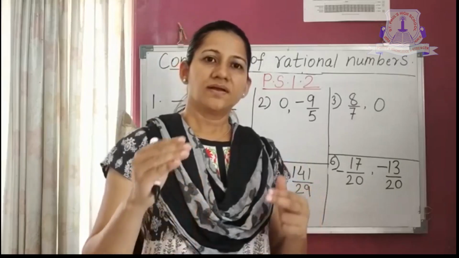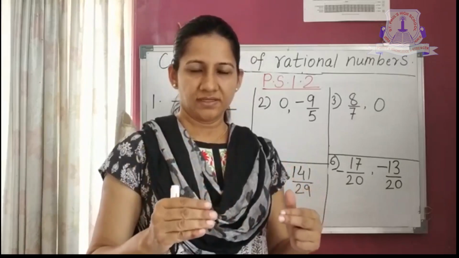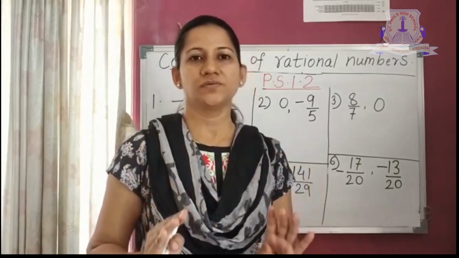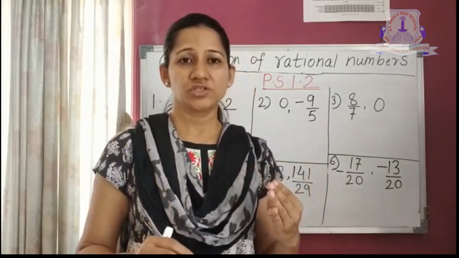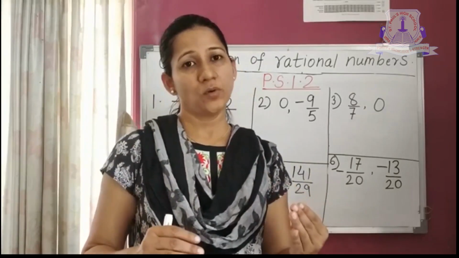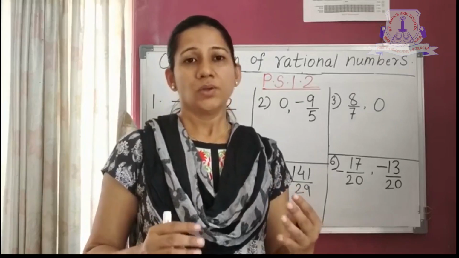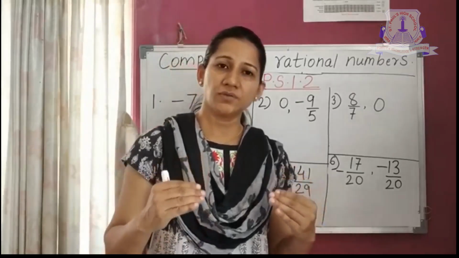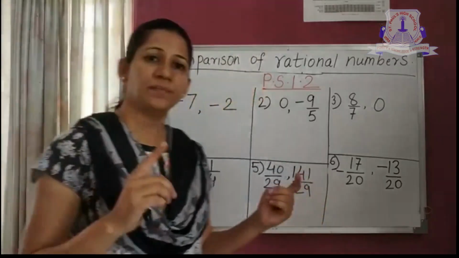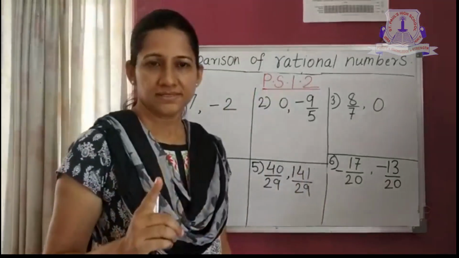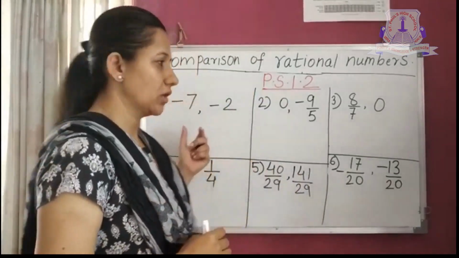The greater number over there will be just reversed for the negative numbers. The greater positive number, once you write it as a negative, will be lesser. We will see this when we solve.